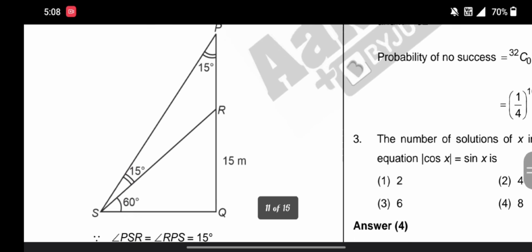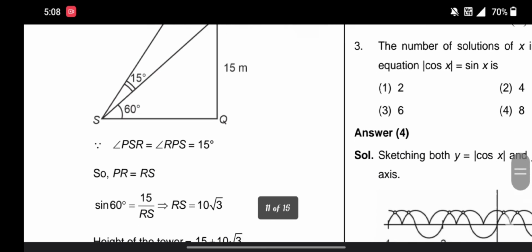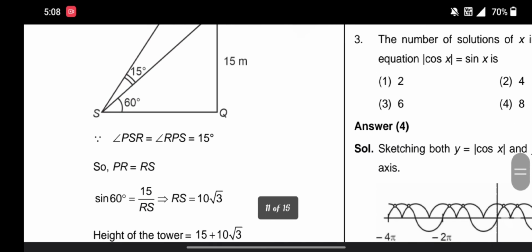The height of the tower is 15 meter, it is given in the question. So the height of the tower is 15, therefore 15 plus 10√3. If we try to solve, it will be 5 root 3 is the option we will get.